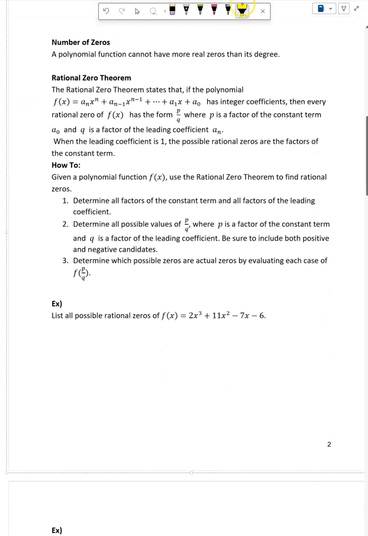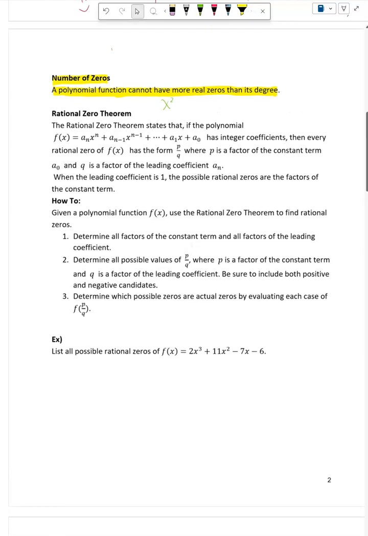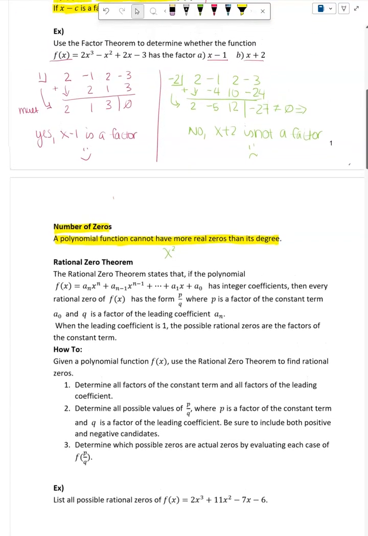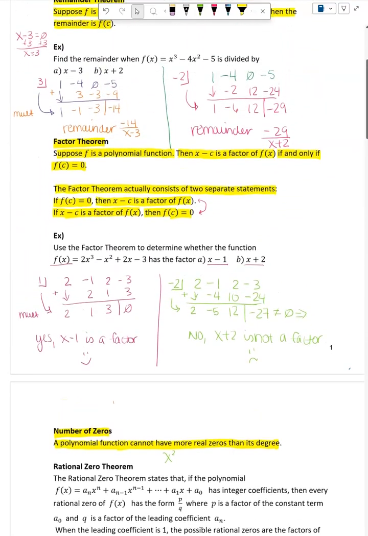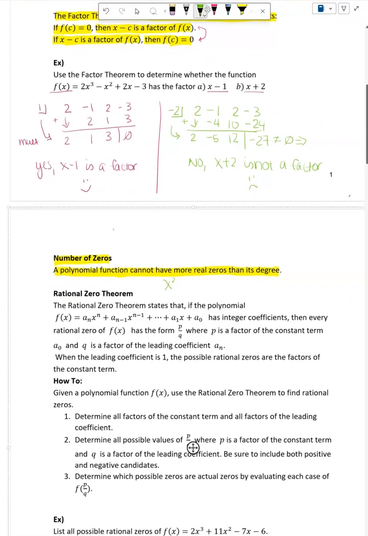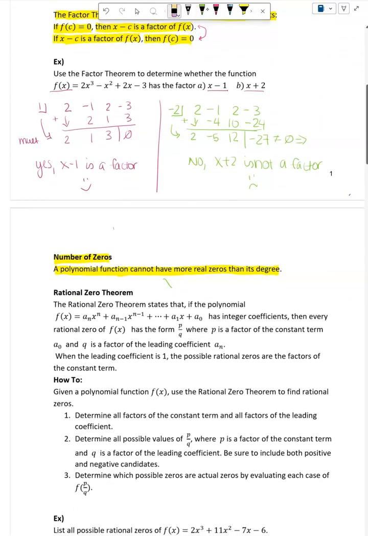Here's a neat little tip. Number of zeros. A polynomial function cannot have more real zeros than its degree. So like if you have a polynomial function that's like x squared. Let's look at these up here. No, these are all x cubed, so let's just do x cubed. 2x cubed minus x squared plus 2x minus 3.